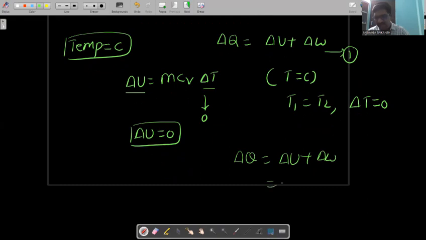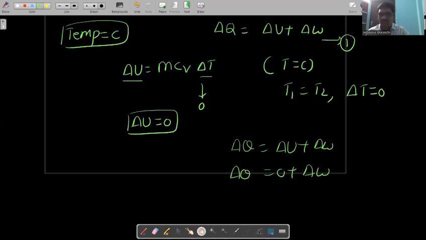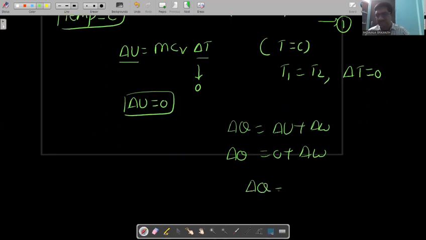It becomes 0, and this becomes delta W. So finally, in this isothermal process, the heat supplied is always equal to the work done. Whatever amount of heat you are supplying to a system comes out as work done. There is no increase or decrease in the internal energy of the system.